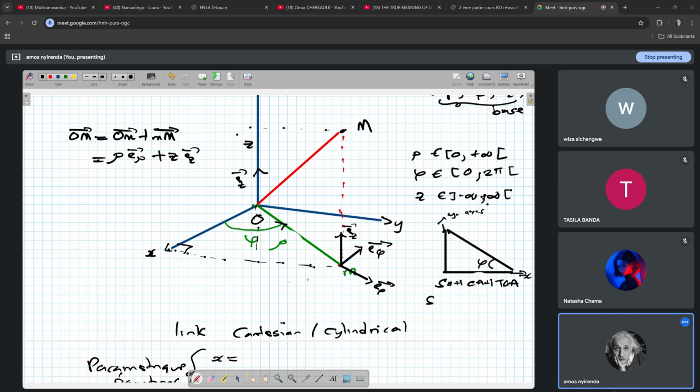So we know that sine phi is going to be equal to the opposite divided by the hypotenuse, and then cosine phi is going to be equal to the adjacent divided by the hypotenuse, and then tan phi is going to be equal to what? It is going to be equal to the opposite divided by the adjacent, like so.